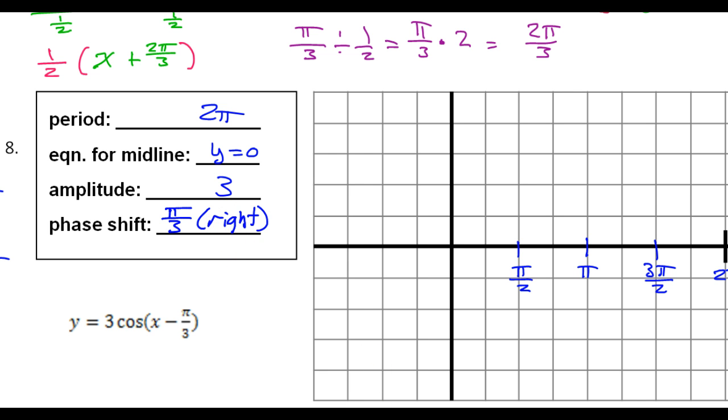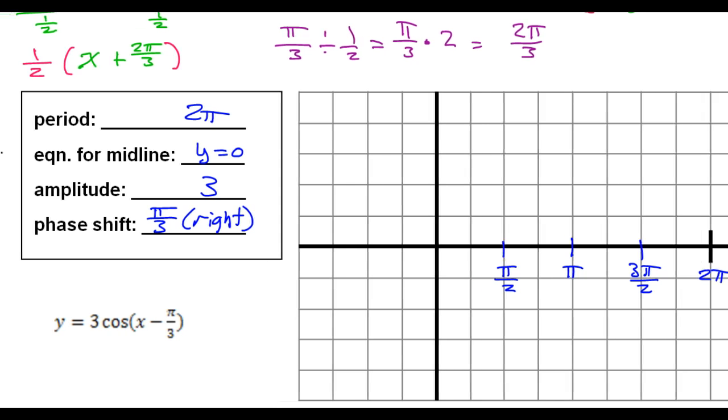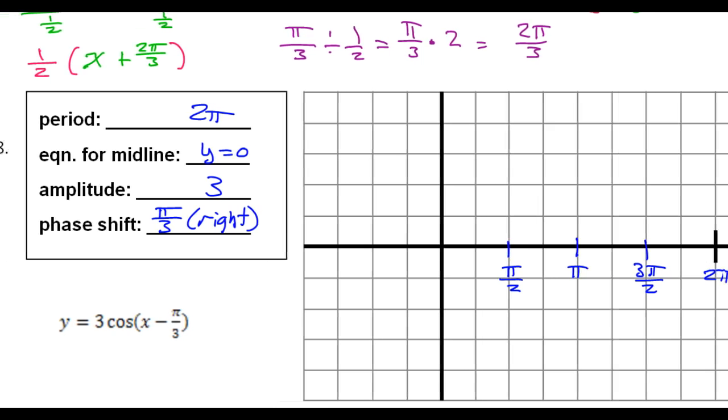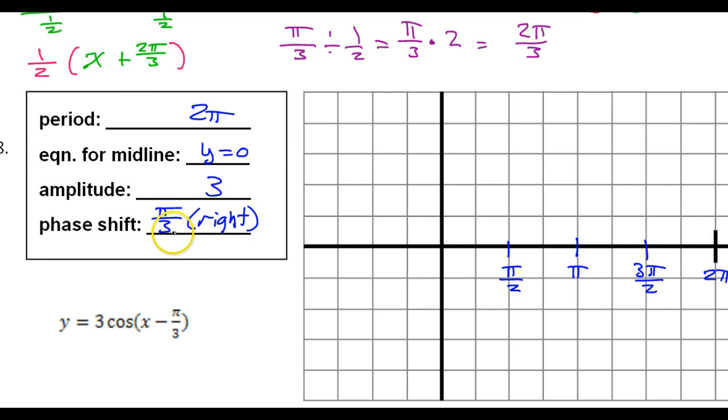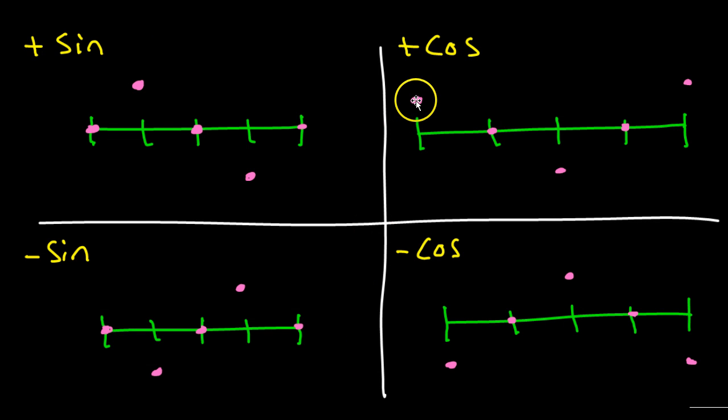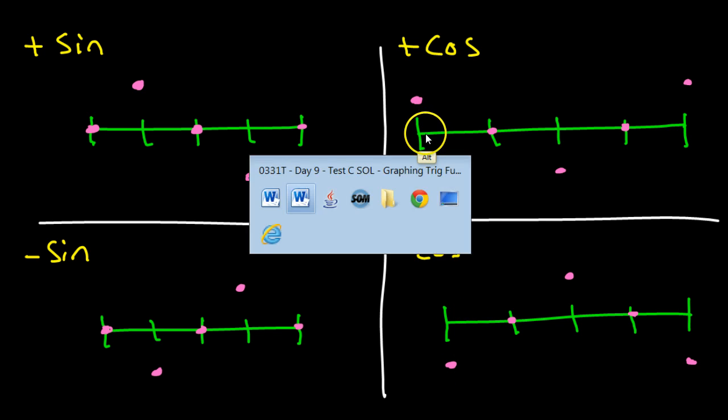Okay, so let's do this graph now. I always like to start with a 5-point skeleton without the phase shift. So this is a cosine function. Remember that cosine starts off above or below the midline at the amplitude.